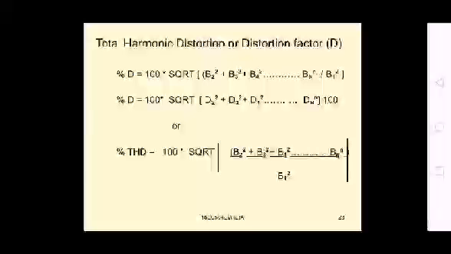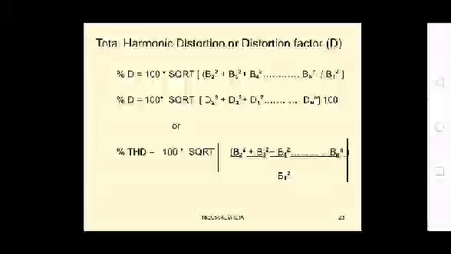So percentage of D equals 100 times the square root of B2 square plus B3 square plus B4 square up to Bn square, by B1 square. From the previous slide, B2 by B1 is D2, B3 by B1 is D3, and Bn by B1 is Dn. So we can write it as 100 into the square root of D2 square plus D3 square plus D4 square up to Dn square.